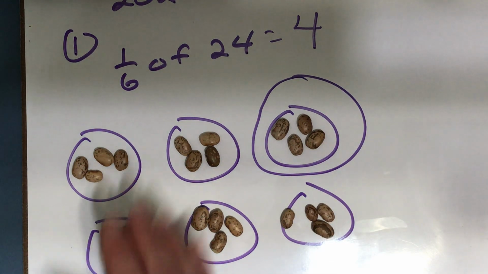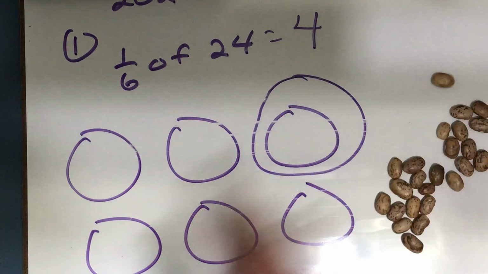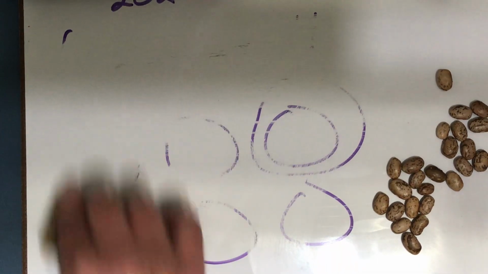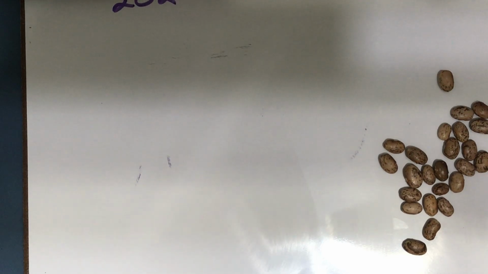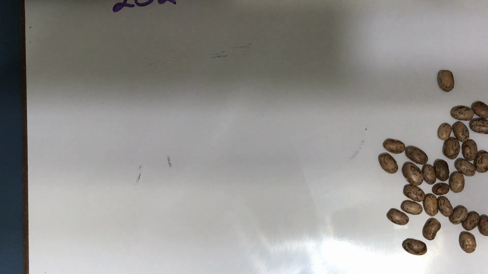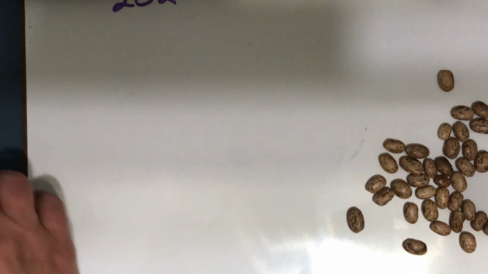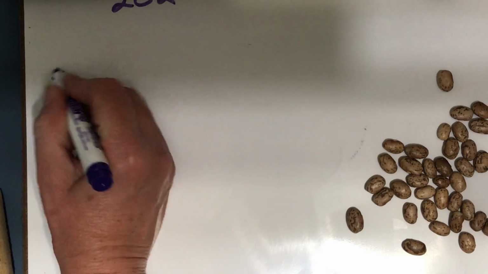Number 5 says 4/5 of 35. I'm going to keep those 24 beans, and then I counted out 11 more right over here. So now I have 35 beans, because I need 35 in all, and I need 5 circles, because I am finding 4/5 of 35.